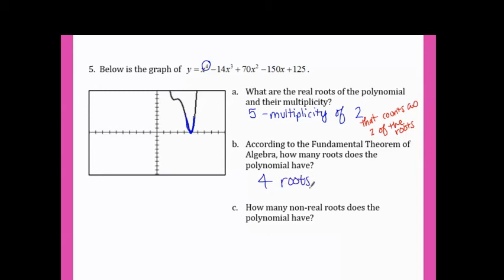So if 2 of the roots are taken care of by the 5, and it doesn't touch the x-axis anywhere else, that means that the other two roots are complex. So the multiplicities plus the number of imaginary roots needs to add up to 4 roots.